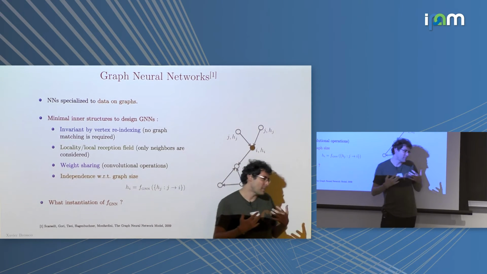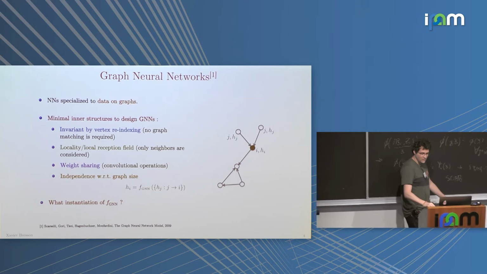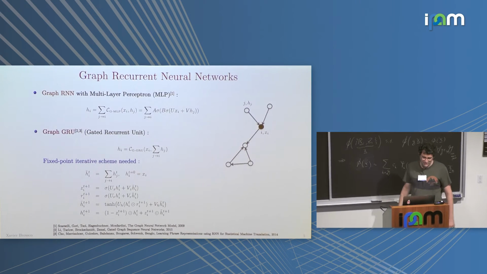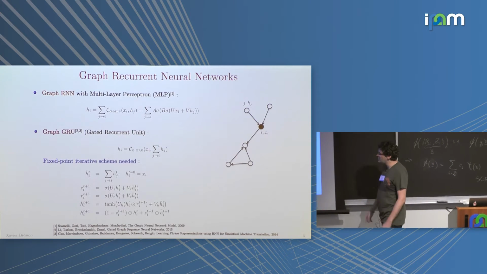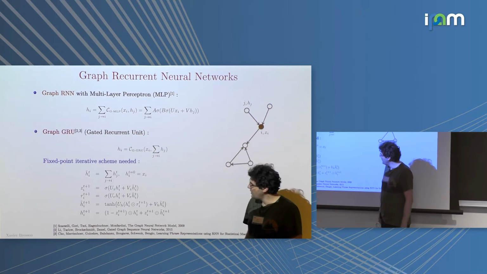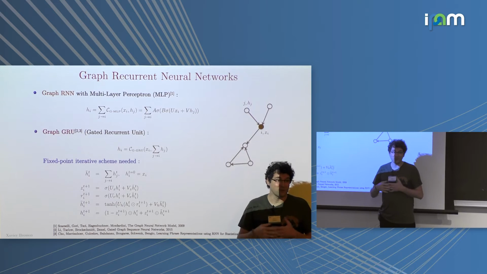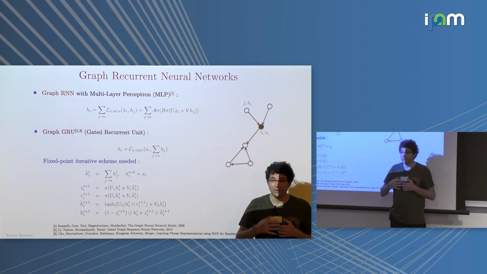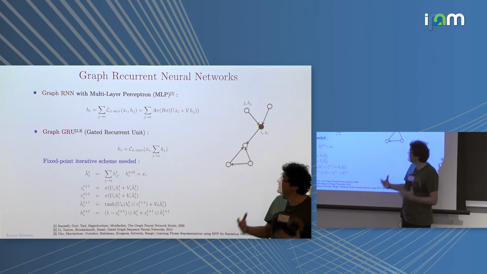So it's basically what is the class of neural networks you want to apply to design these graph operations. So the first paper, introduced by Scarselli in 2009, basically used the most natural neural network, which is a feed-forward, fully connected neural network, what we call a multi-layer perceptron.